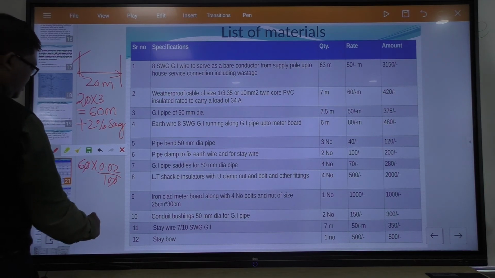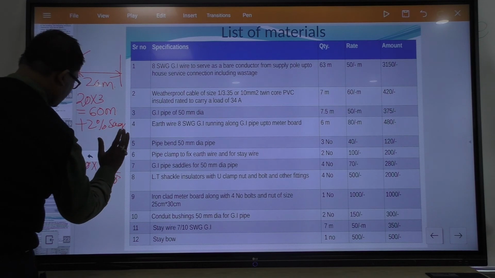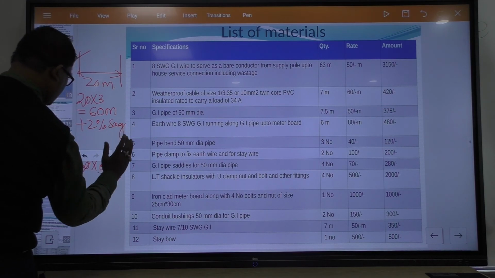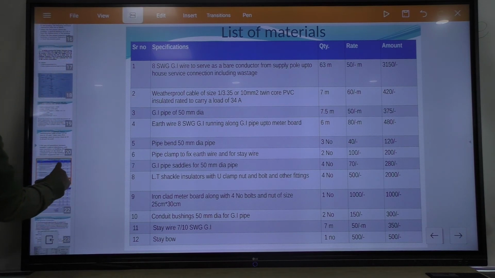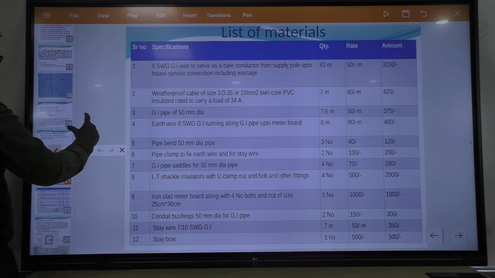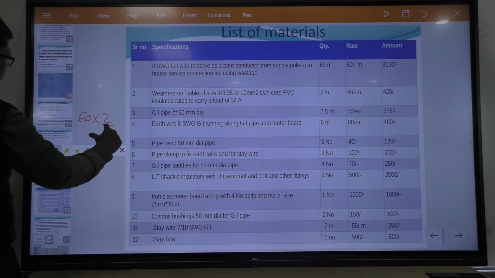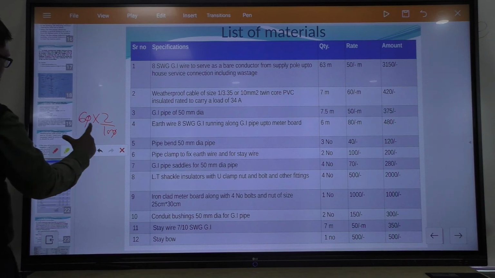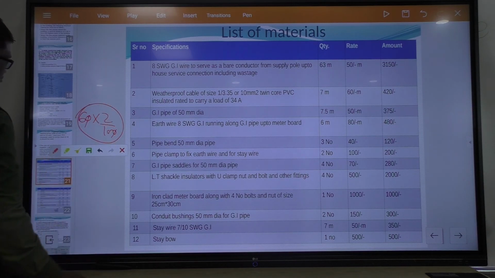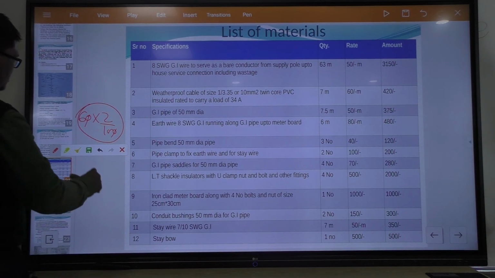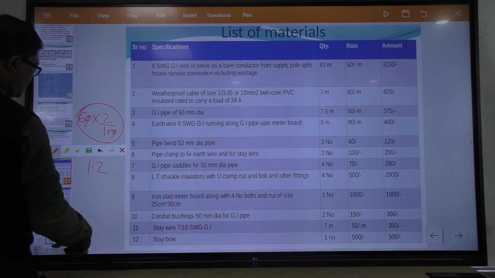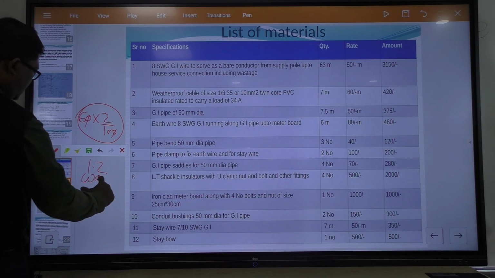So 60 into 2 by 100 is 1.2, and taking wastage, it will come to around 3 meter.